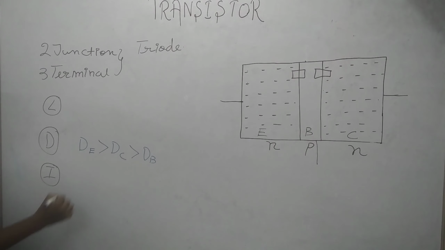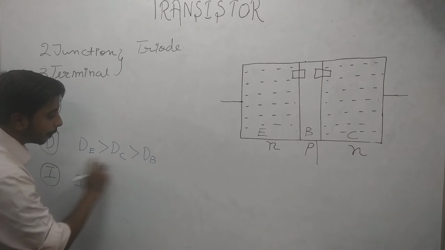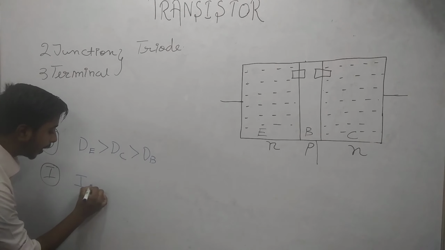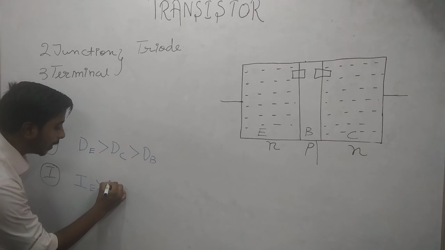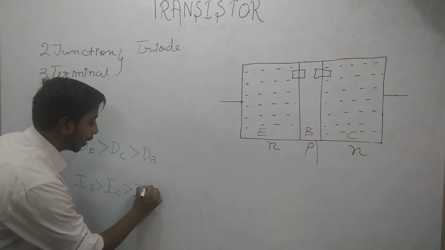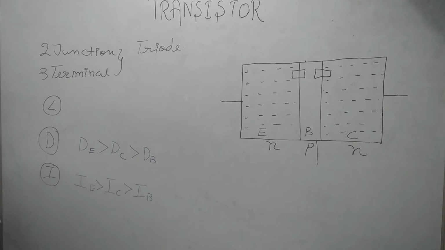This is the first thing. Second, the more the doping, the more the current. So the fashion of doping is the same as the current. So current in emitter is greater than current in collector and greater than current in base.